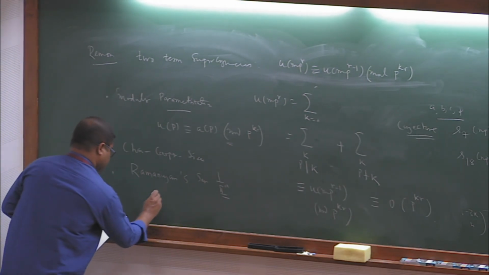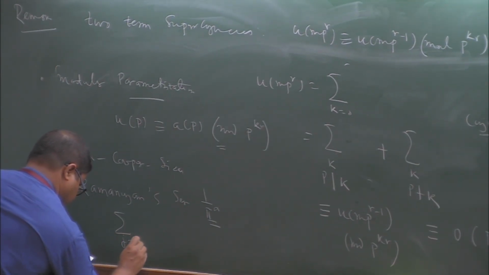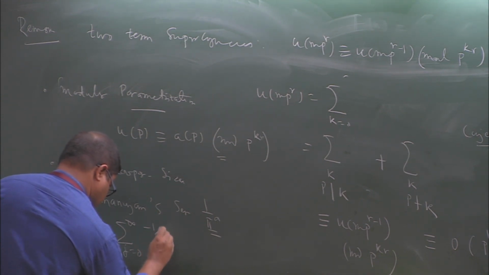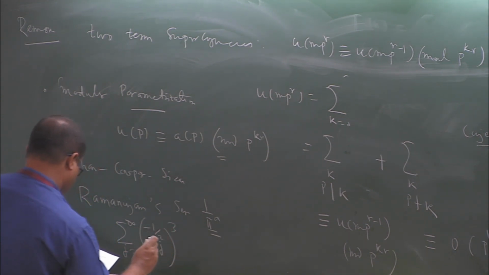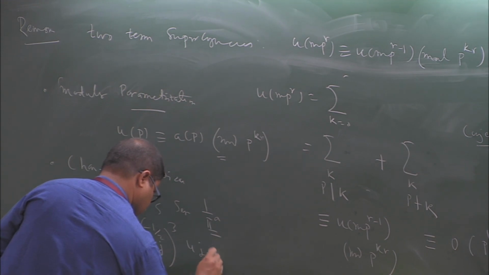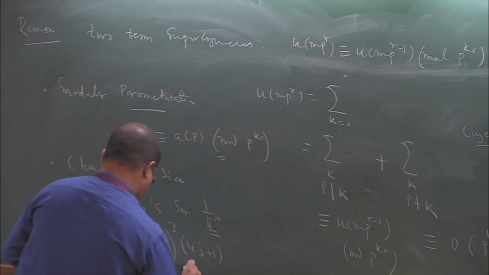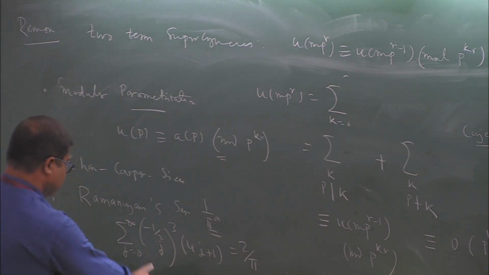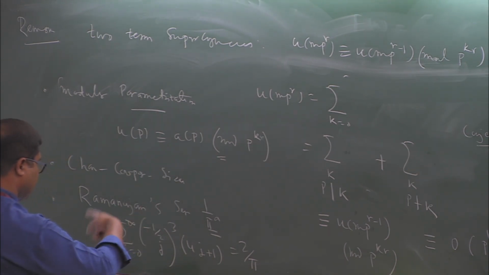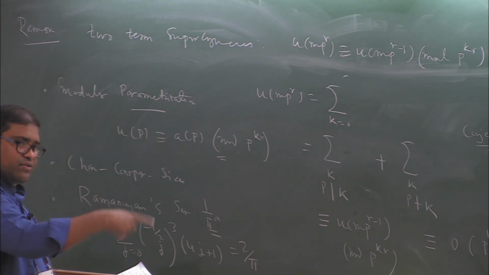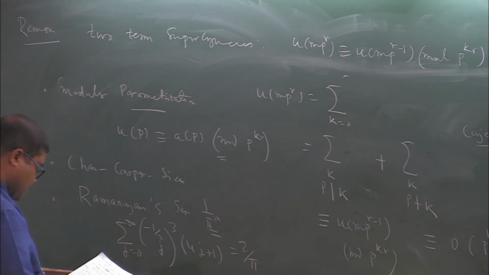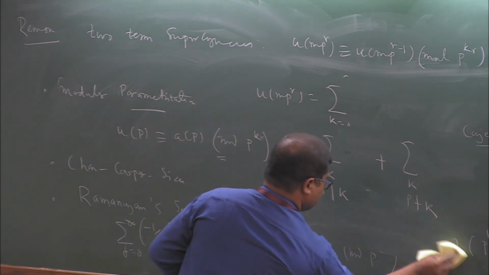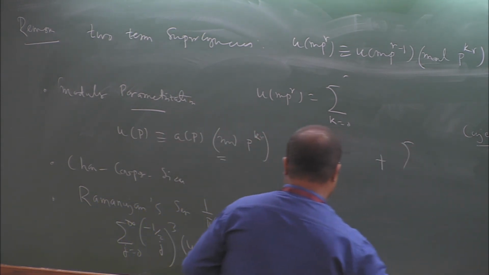Basically the series looks like the sum over j from 0 to infinity of (-1/2)_j cubed over j factorial cubed, times (4j plus 1), equal to 2 by pi. Here (-1/2)_j means you write the rising factorial and express it in terms of that. And there is a p-adic version of this particular congruence.